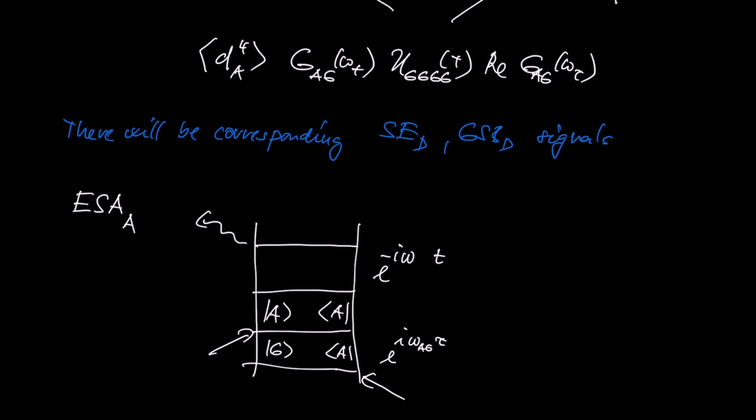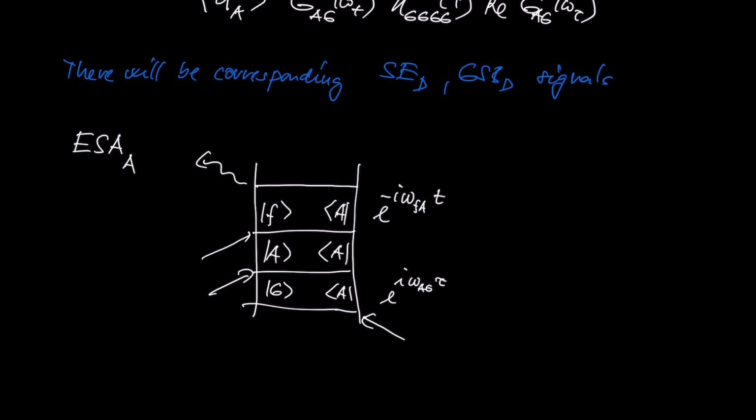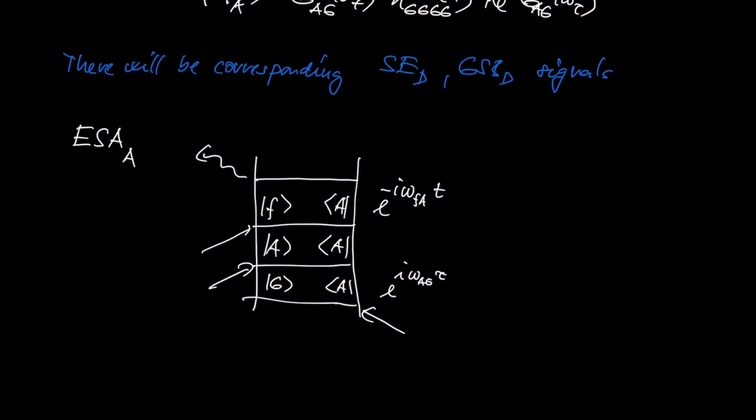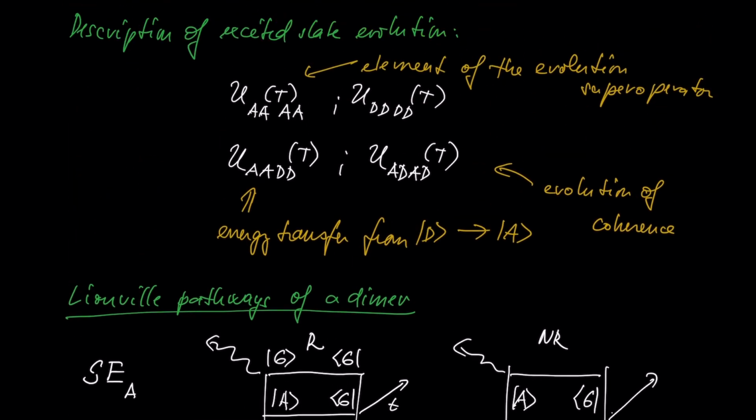So in order to have positive frequency, we can, for instance, have FA here. So I can do the following. I can excite to the F state and stay with A here. This FA has a similar frequency as AG, because A is already populated. So if we look at this here, A is already populated.